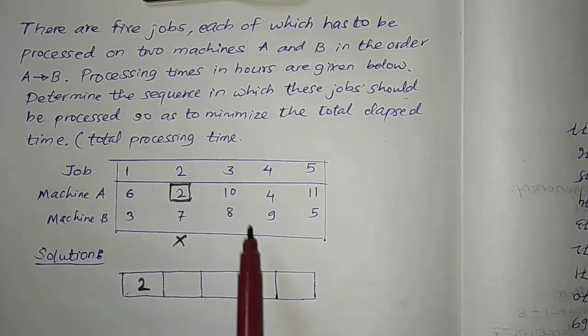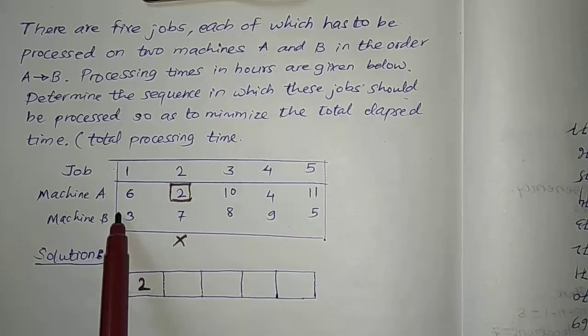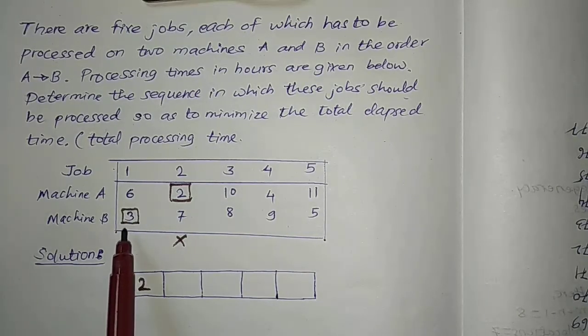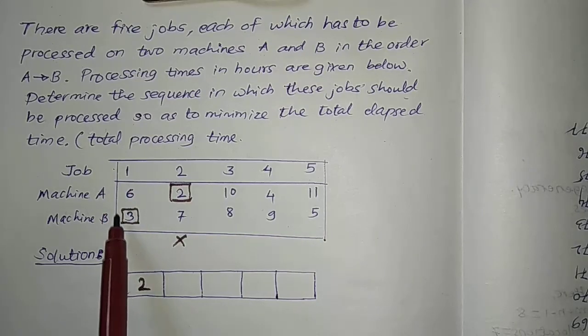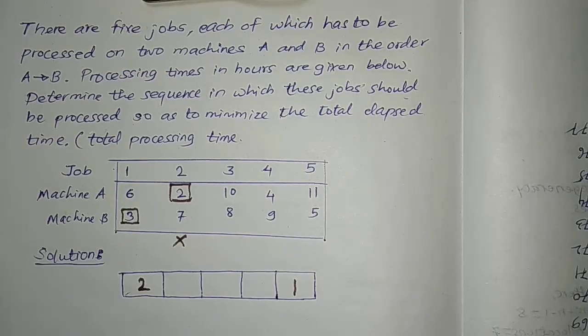Now out of the remaining processing times, the next smallest processing time is 3 hours, which is for job 1 and it lies on machine 2. So I will write this job number 1 at the extreme right, and again we proceed. Now I will eliminate this job from further consideration.